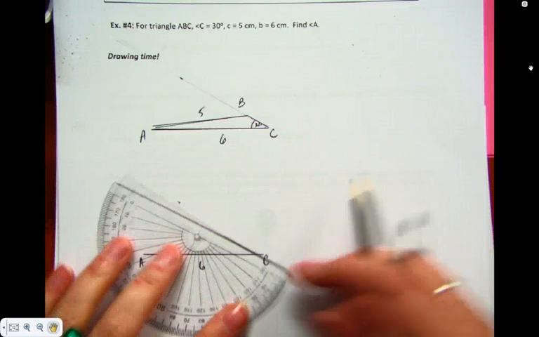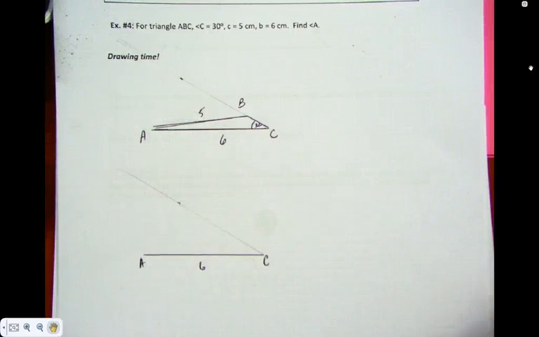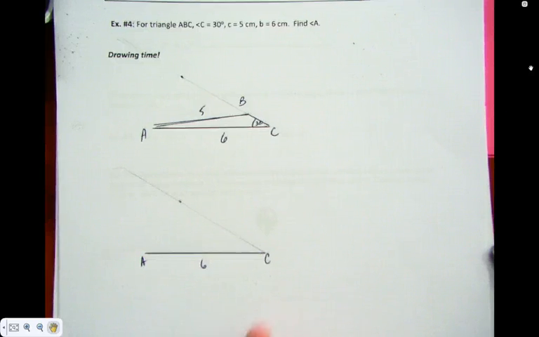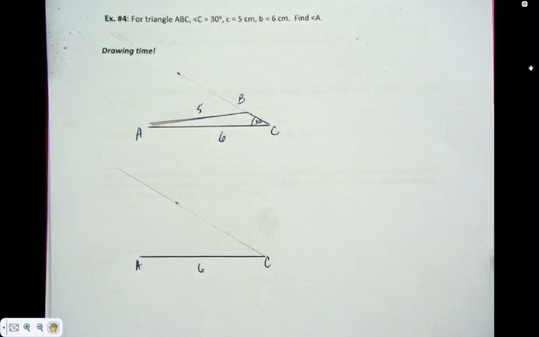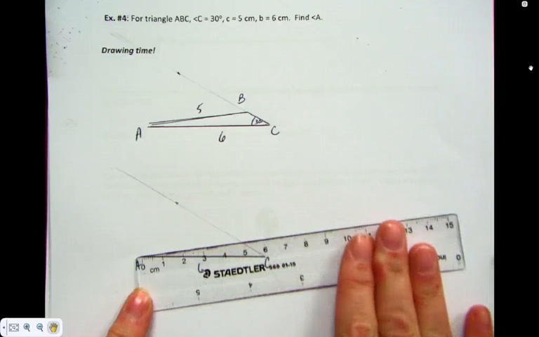And again, I'm just going to draw this some arbitrary length because I don't know how long it is yet, so I'll erase it after. So we're doing exactly what we did before right now. And I'm going to put the 0 back on A and put the 5 where it was before.